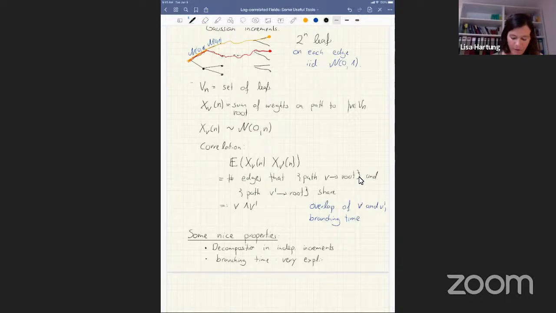So if I look at this time, then I know that before this time I share all the edges, so I have full dependence of the increments that I use. And after, the increments that I use are completely independent.